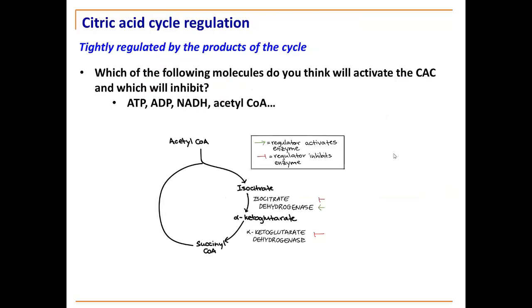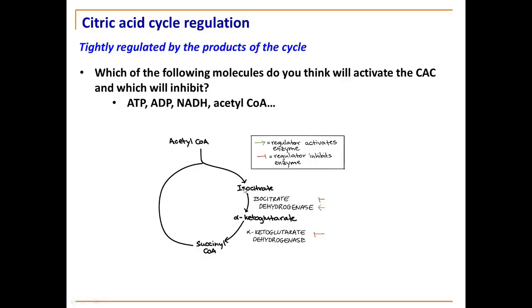And just like glycolysis, the citric acid cycle is very, very tightly regulated. Okay, and it's tightly regulated by the product of the cycle. Okay, and so this is that cycle again. We've got the acetyl-CoA. These are some of the intermediates. I'm not too worried about you remembering the names of the intermediates.